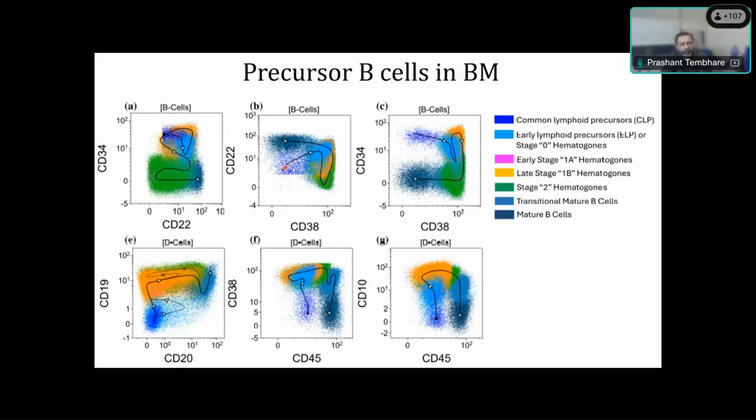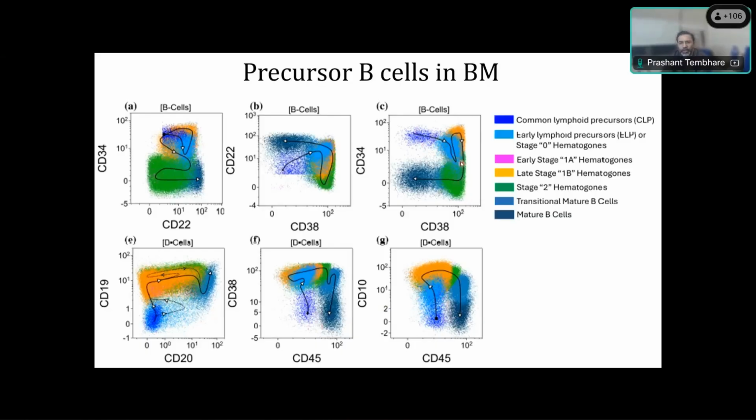They are CD22 positive, CD34 positive, CD45 dim, CD19 negative, CD20 negative, and CD10 negative. The B cell markers CD22 and CD79a are positive. CD34 is positive, but CD10 is negative. So this is stage 1.